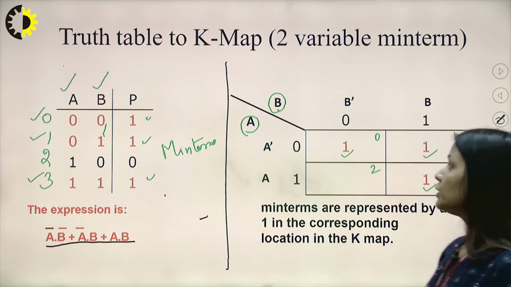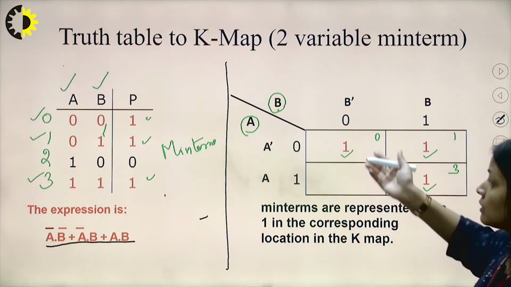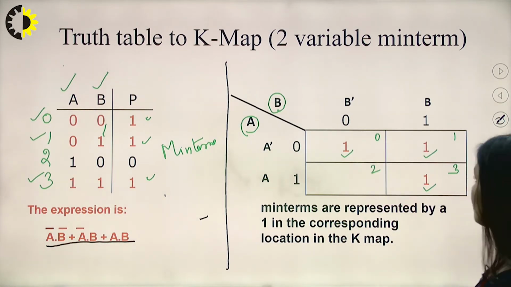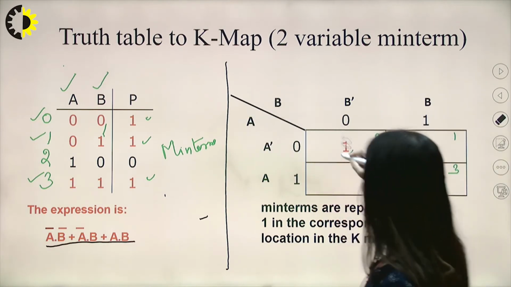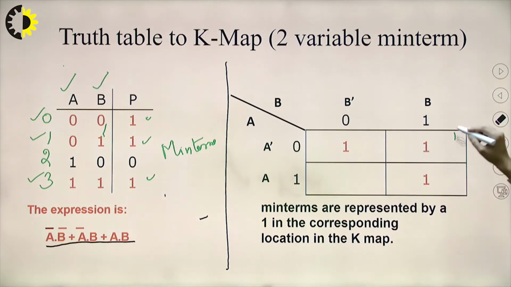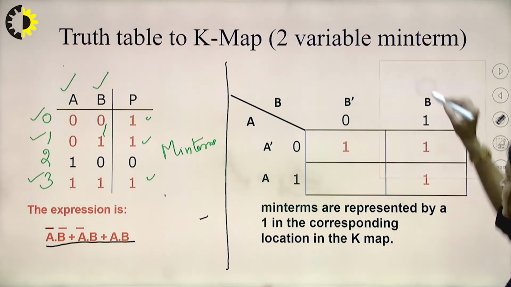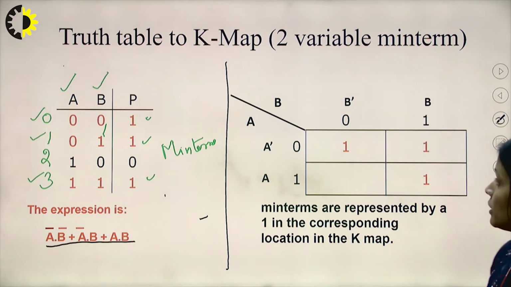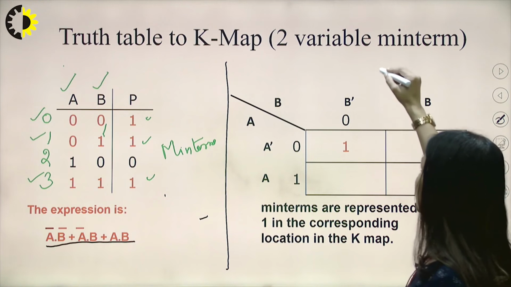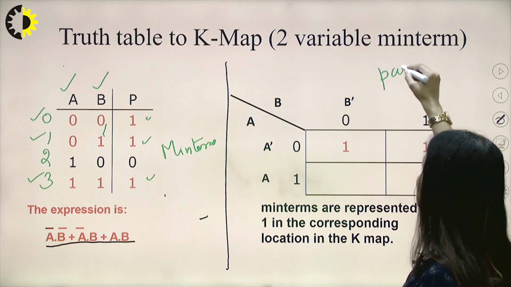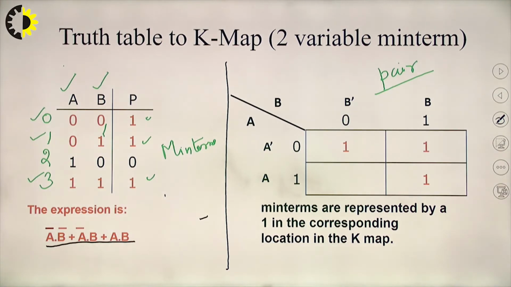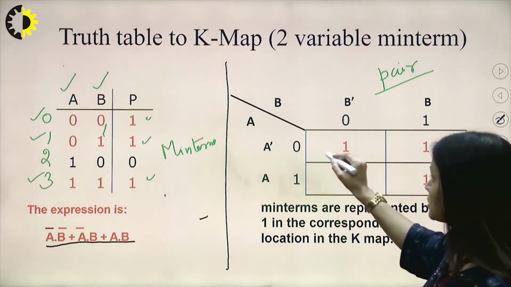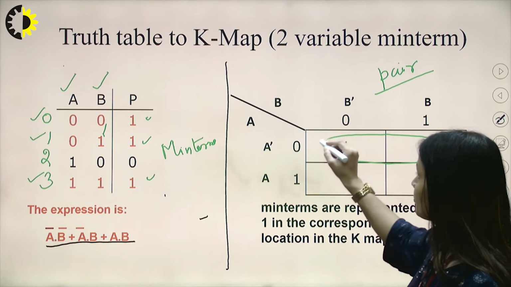Now I can simplify this particular K-map. Here I will be making pairs. It is quite visible that I am getting two pairs, so I will make a pair in this way.